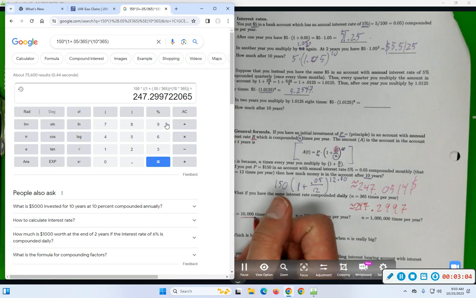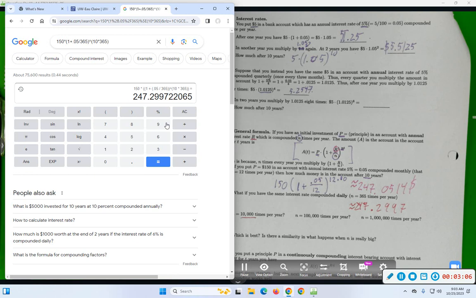What if we do 10,000 times per year? So how will the thing that I need to ask the calculator to do change? The thing that used to be 365, so the n, will become 10,000. So 1 with 4 zeros.